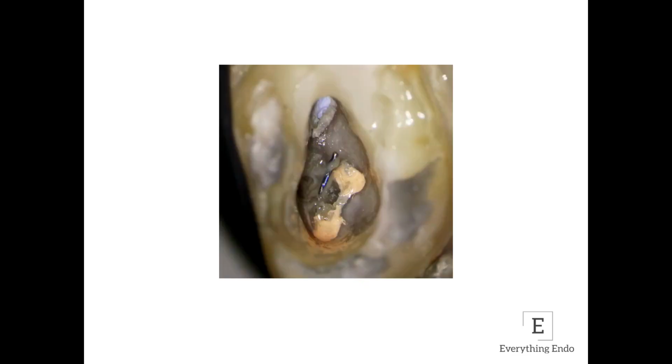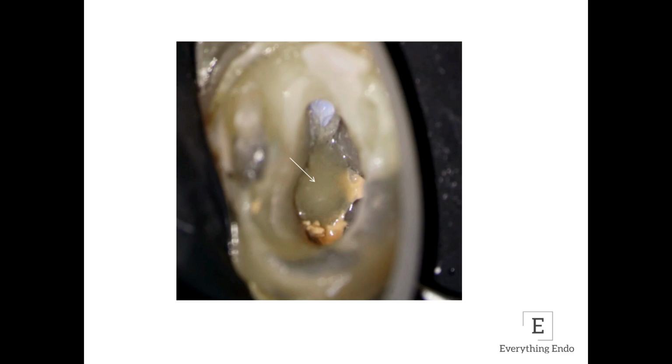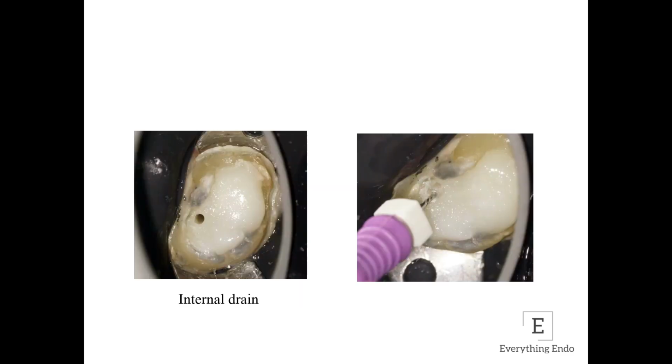And once the broken file was removed, a good channel for the pus to drain out was created. And then in this case, we placed an internal drain for the lesion to decompress.